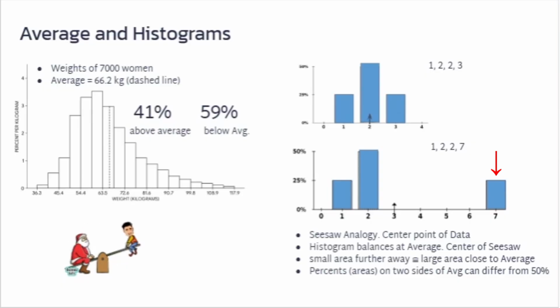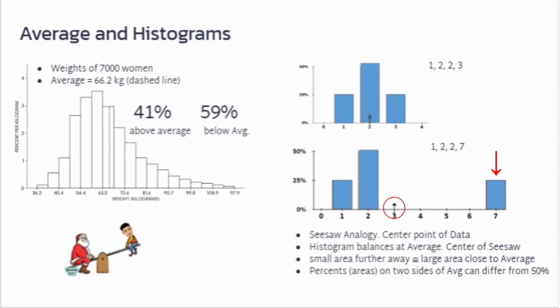So how do you balance it? You basically imagine the average is where the histogram should be centered in order to make it balanced. So the center point can't be at 2 for the lower histogram. It should be somewhere to the right, so that the histogram is centered, is balanced like a seesaw.